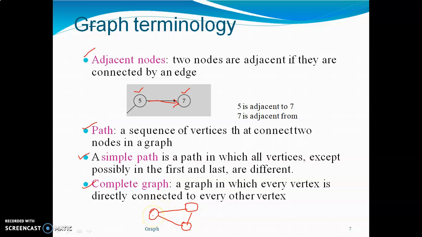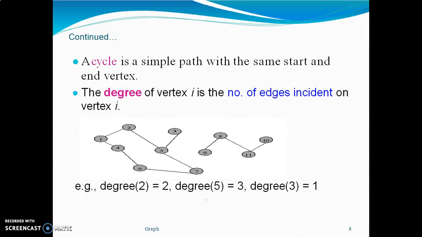So the first vertex can go to the second and third, the second can reach the first and third, and the third vertex can reach the first and second. That is, each and every vertex has a direct edge from another vertex. Okay, then this is called a complete graph.